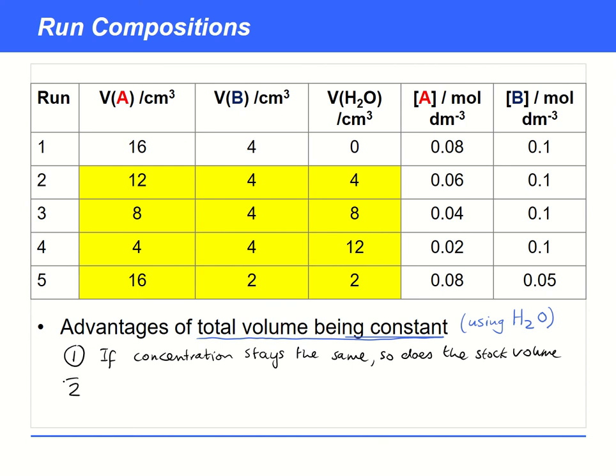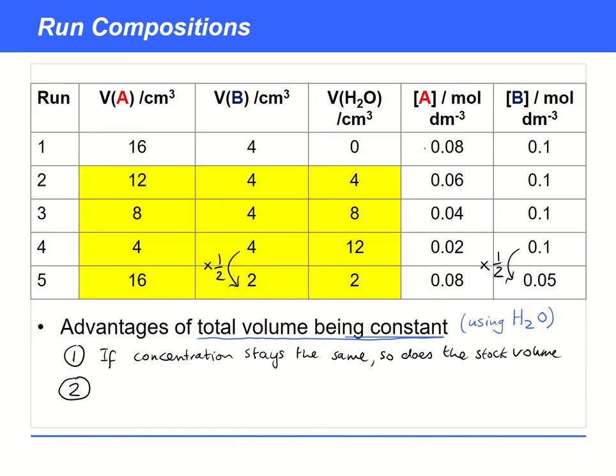Now the second, and this is even more powerful, let's look at a situation, let's choose 4 and 5, where B has gone down by a factor of a half. Now notice here that the volume of B has also gone down by a half. Now this isn't an isolated incident.